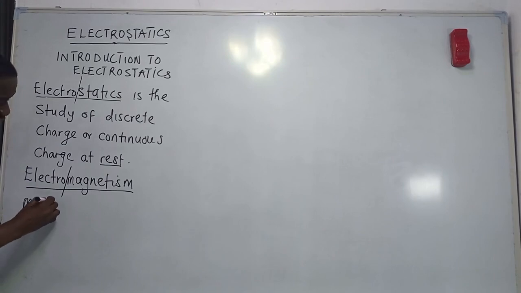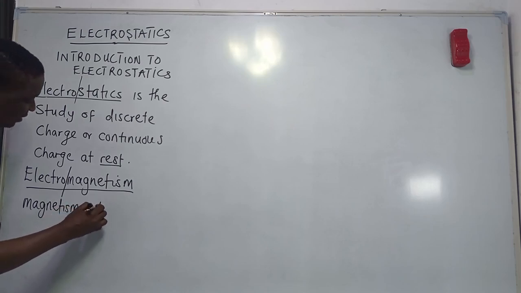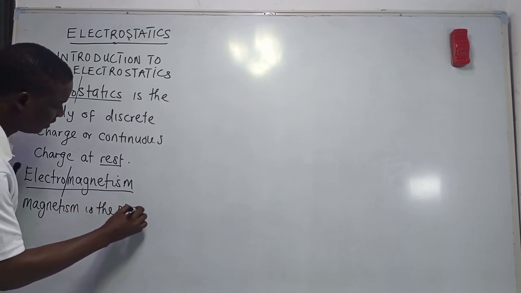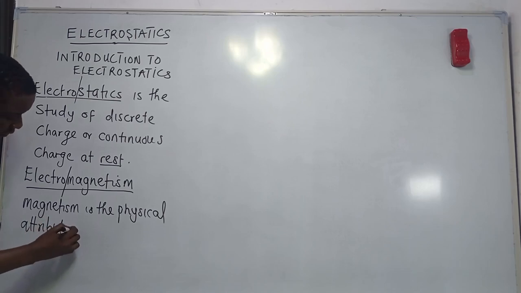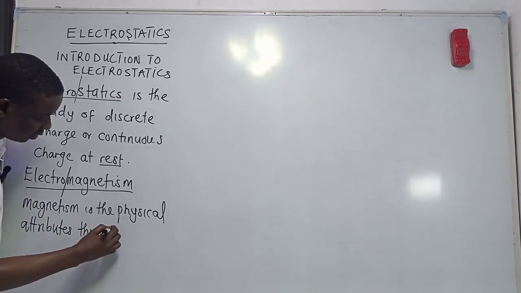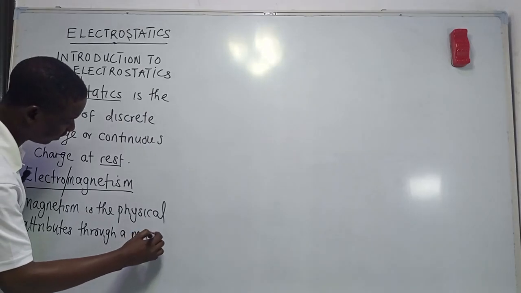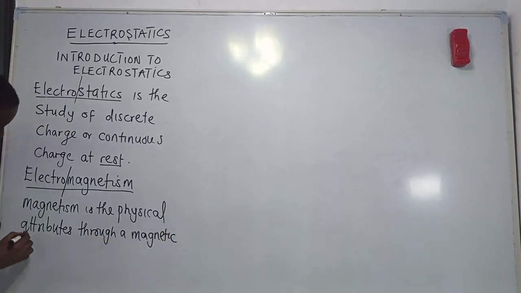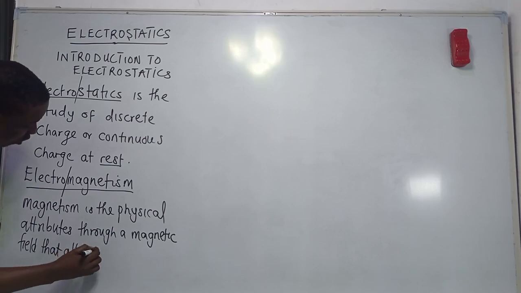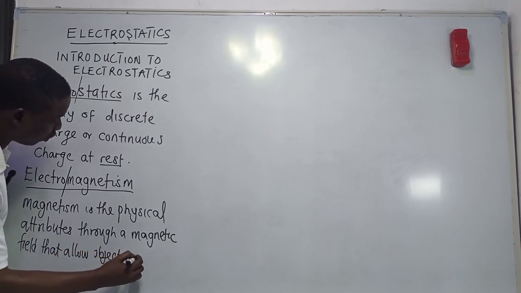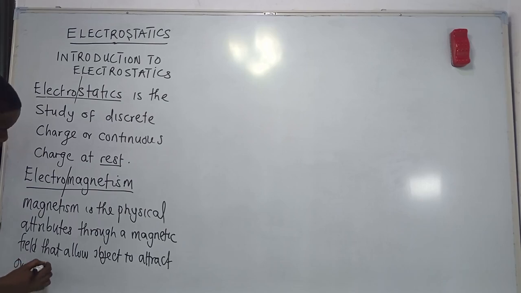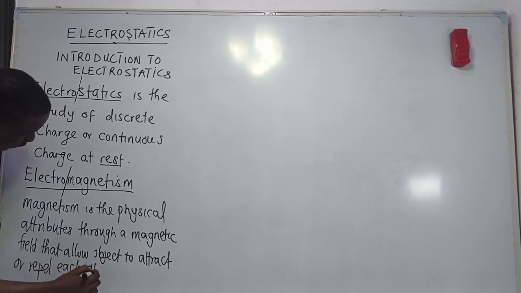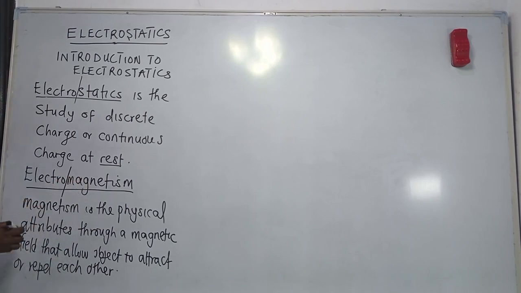Magnetism is a physical attribute through a magnetic field that allows objects to attract or repel each other. So that is magnetism for you.